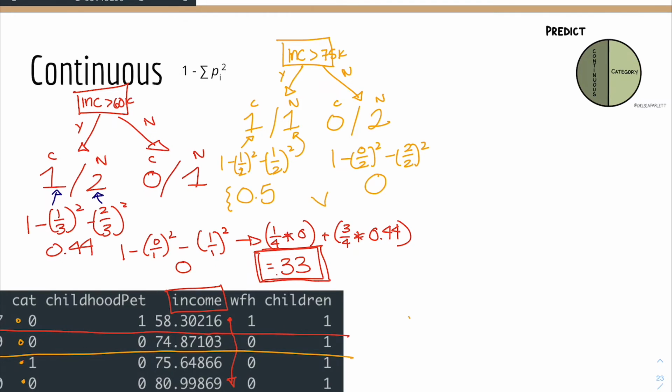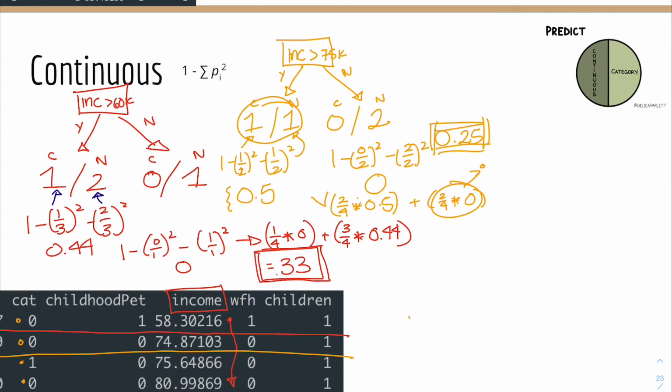So we're going to do 2 out of 4 times 0.5 because 2 out of our 4 data points are in that node that has 0.5 impurity. Plus, let's put some parentheses there, 2 out of 4 times 0, which is just going to be 0. And so for this split, we end up with an impurity of 0.25.